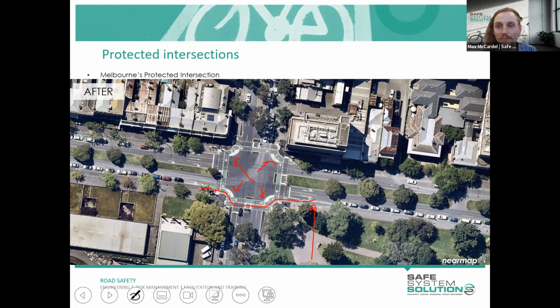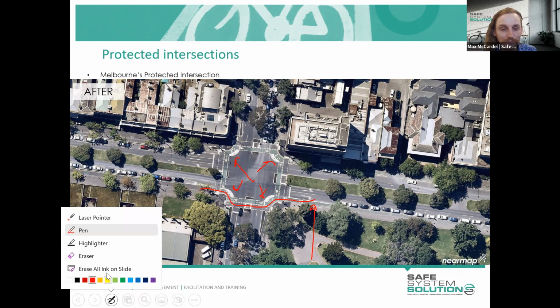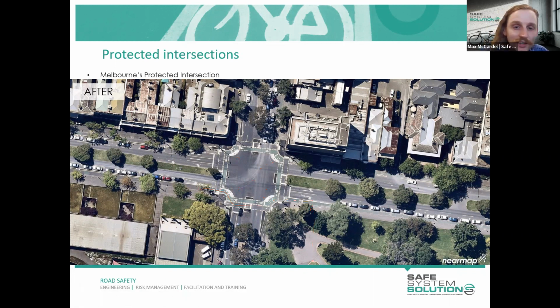For cyclists in Melbourne's case who want to head straight through, I'll try and draw this out. You can, but you have to dodge around these islands like that, which means at this point you're actually entering the live traffic lane. For that reason, I would say it hasn't achieved the goal quite as well as the Manchester Cyclops example, because a lot of cyclists would find that left turn, right turn to be offset.